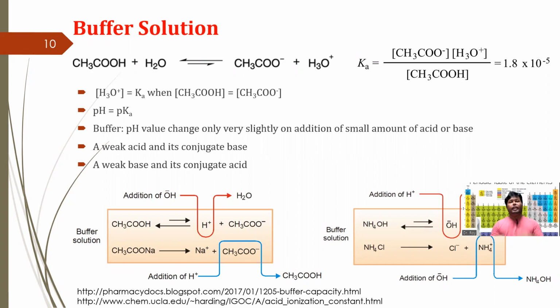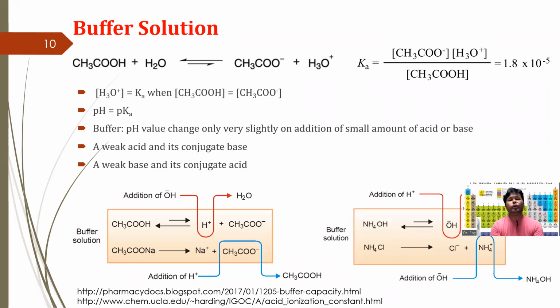That means if we have a solution of a weak acid and its conjugate base, or a weak base and its conjugate acid, and we add a very small amount of acid or base as H plus or OH minus, and the pH of that solution changes very little or negligibly, then we can define that solution as a buffer solution.